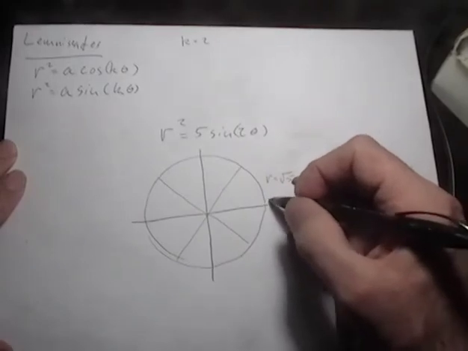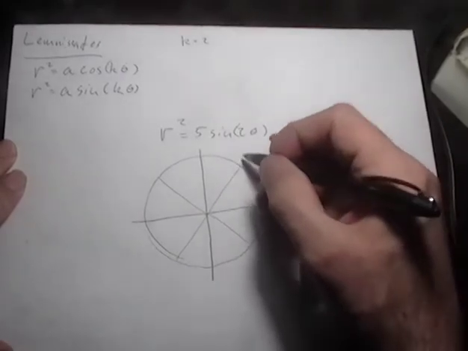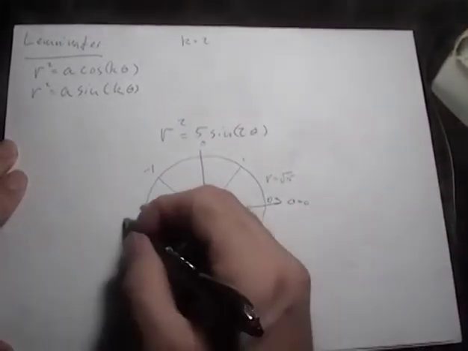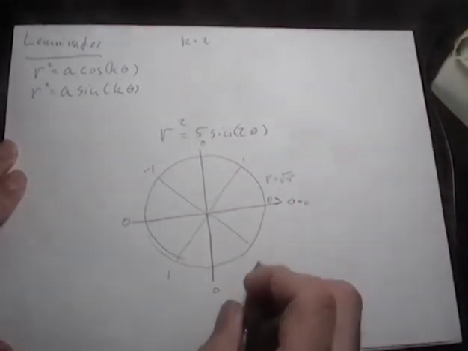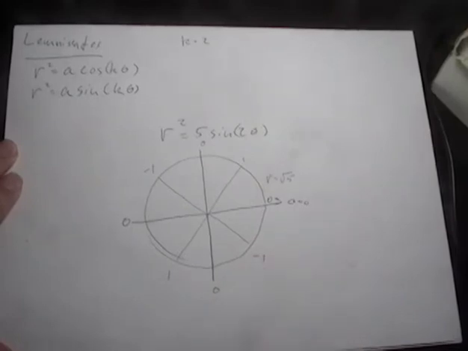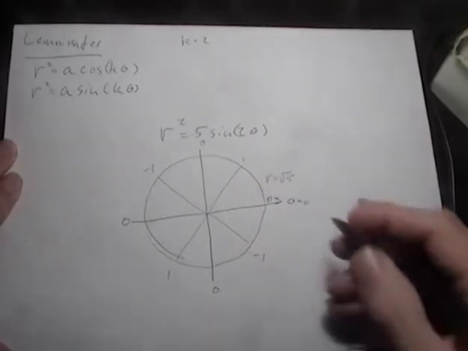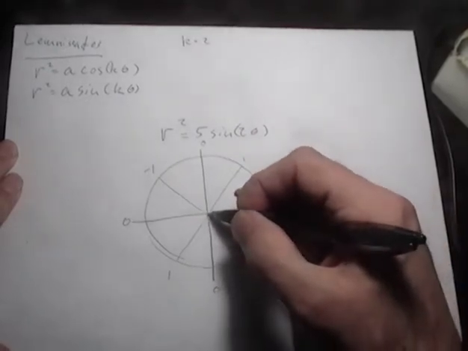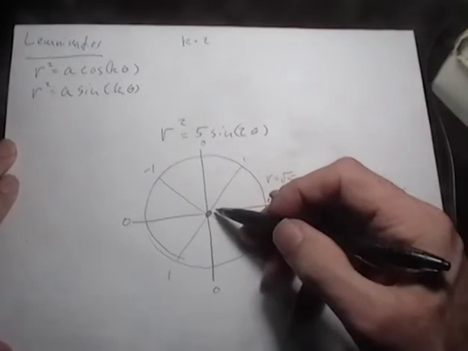The pattern for sine is 0, 1, 0, -1, 0, 1, 0, -1. And just as before, if sine is 0, then r squared and r are both going to be 0.